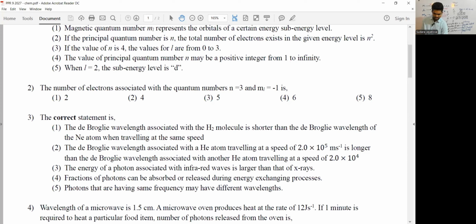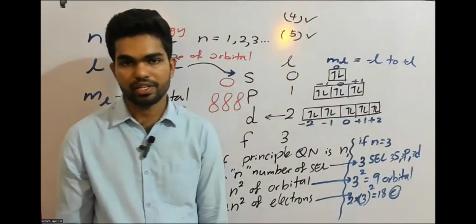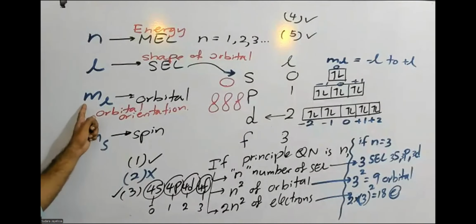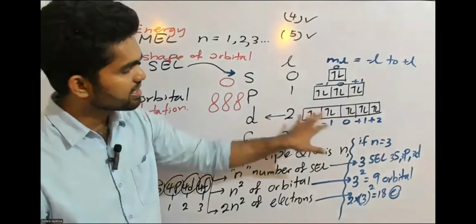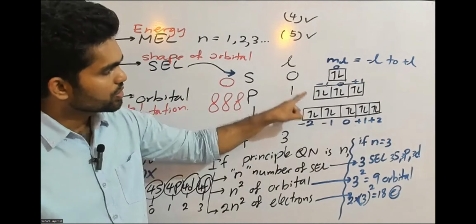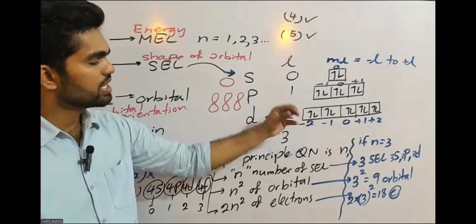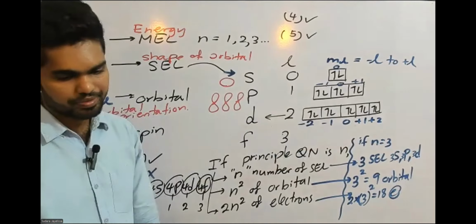Okay, right. So the number of electrons associated with the quantum number n equal 3 and ml minus 1. ml is for the azimuth, this is called the magnetic quantum number. If you take this representation here, it shows you what ml values can come, because ml values represent these orbitals.